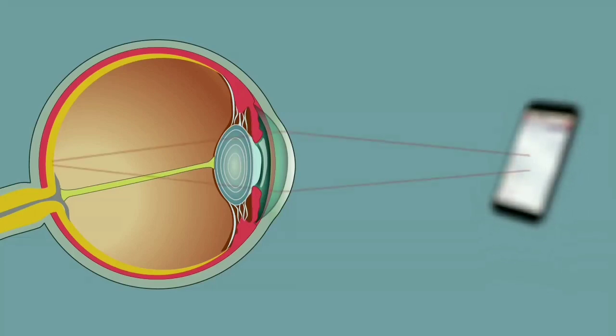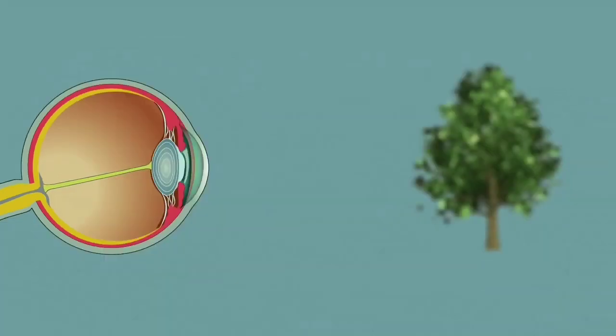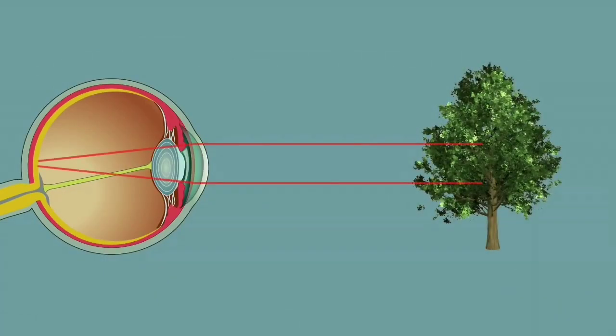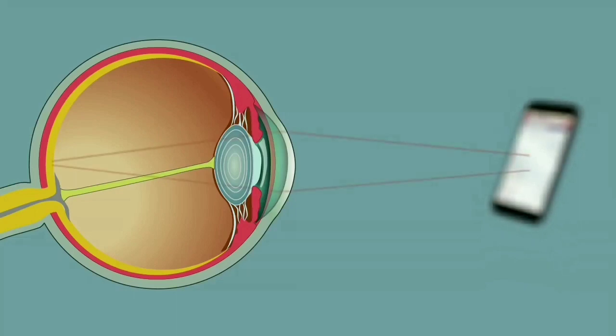The important thing is the difference between seeing an object with maximum accommodation and minimum accommodation. Our eyes will be at maximum accommodation when we see a close object located at our near point or punctum proximum, like when you are reading, focus studying, watching a video on your cell phone, and so on.